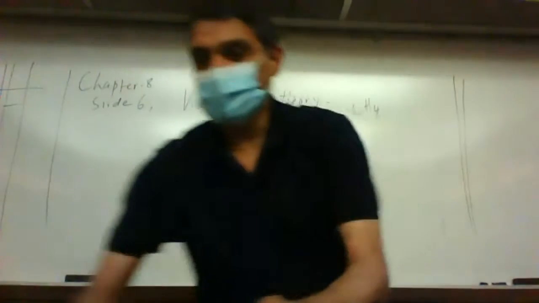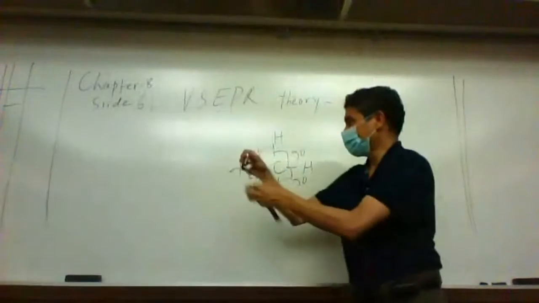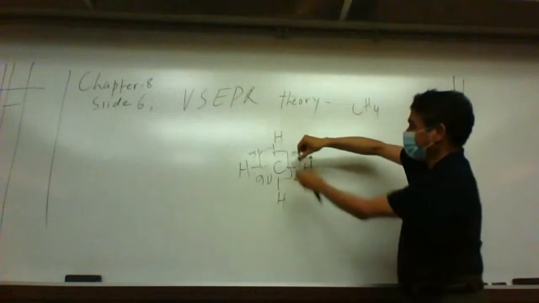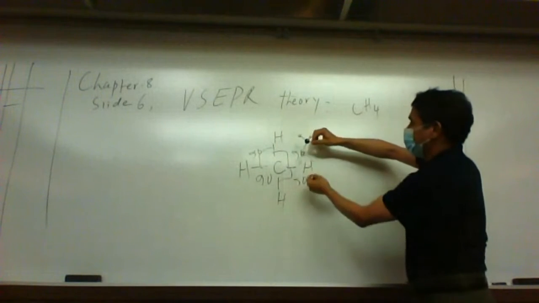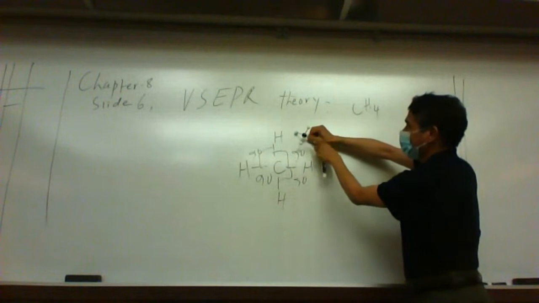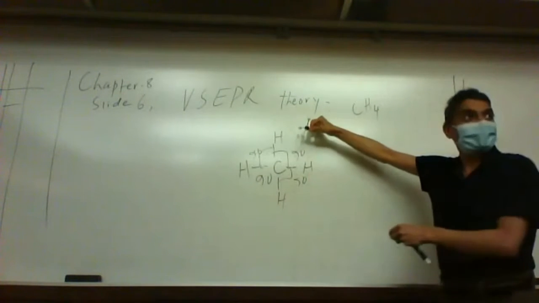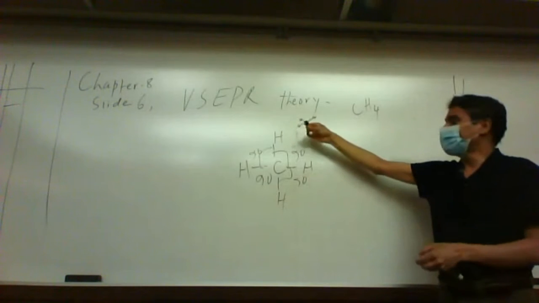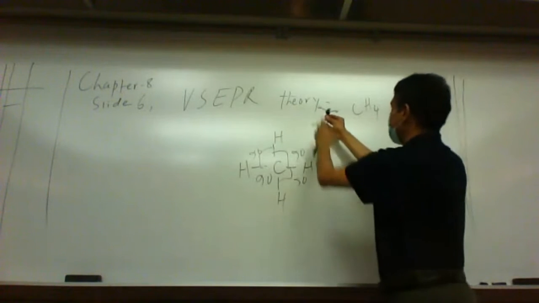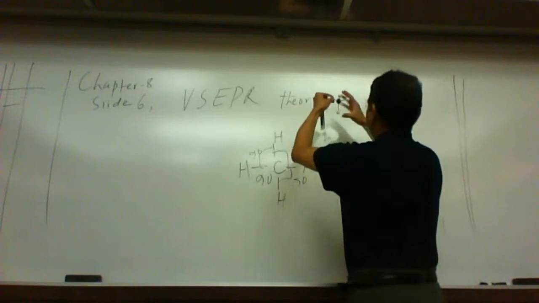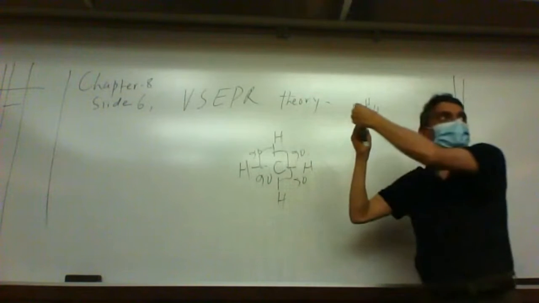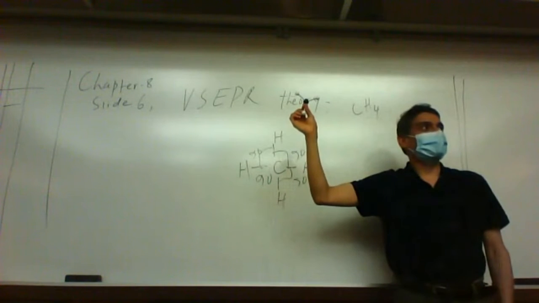The molecule takes the shape like this, so these two things are coming toward you, and these two are going away from the board. Make sense?